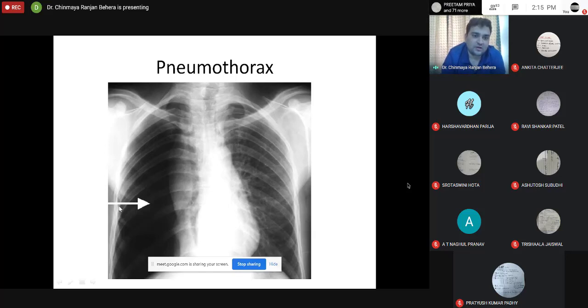Okay, we'll put an intercostal drainage tube that is connected to a sealed tube, so the air will go out through the intercostal drainage tube. Okay, can you appreciate the pneumothorax? Yes, sir.